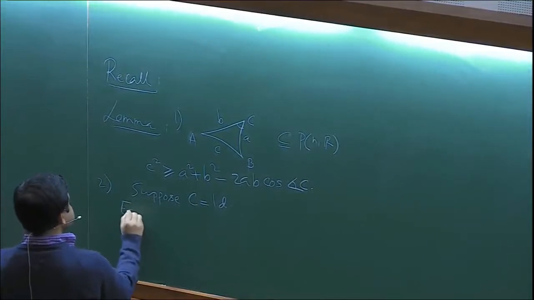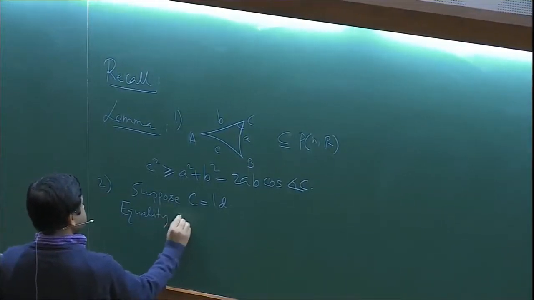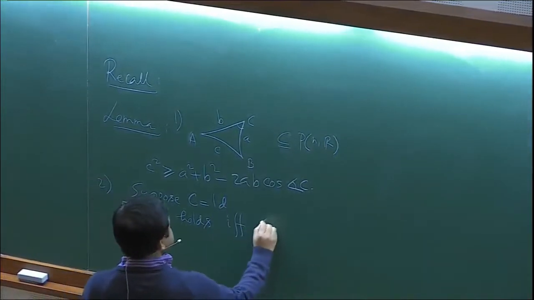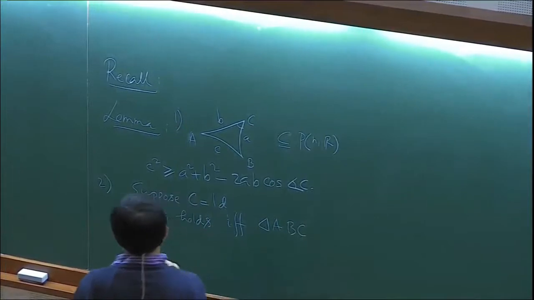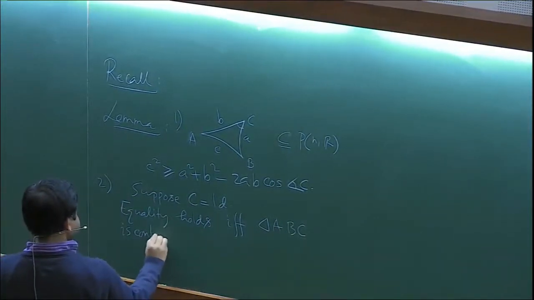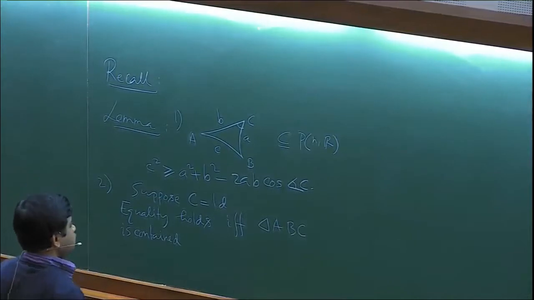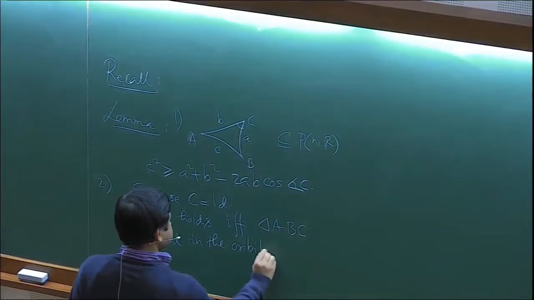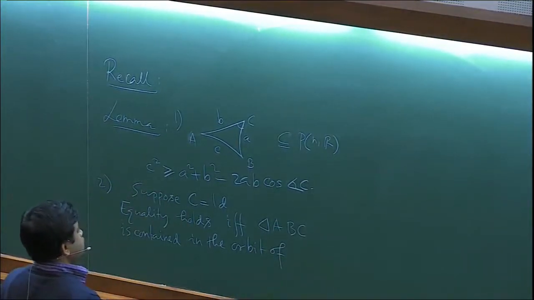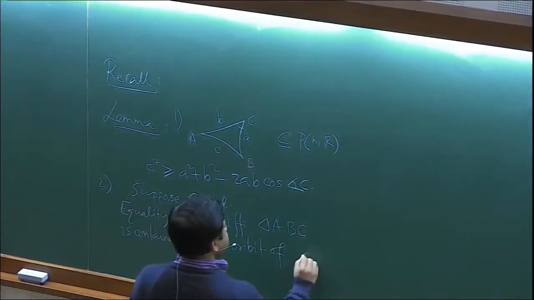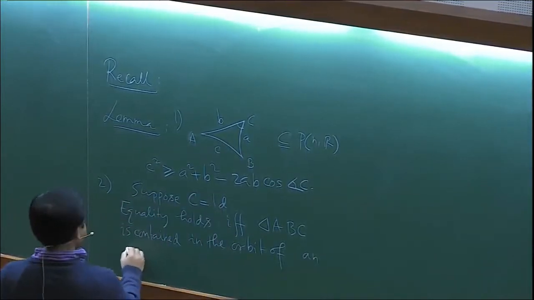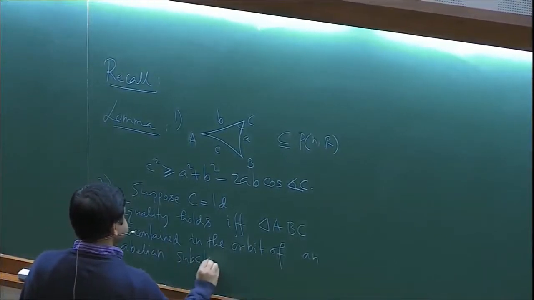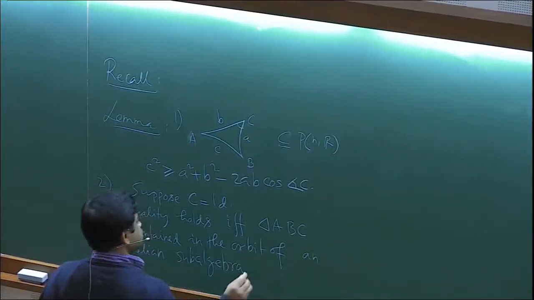Then equality holds if and only if this triangle ABC is contained in the orbit of an abelian subgroup, abelian subalgebra of the symmetric matrices.